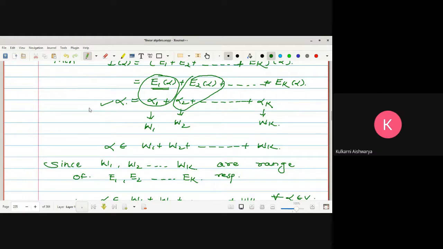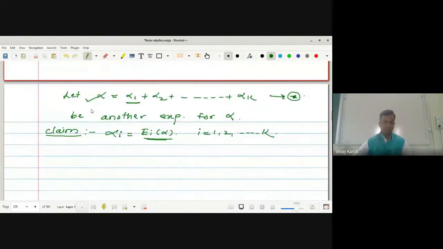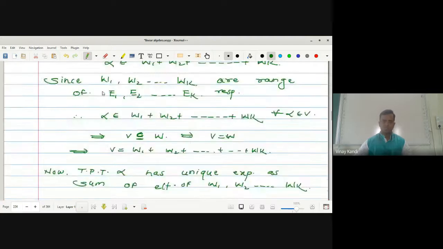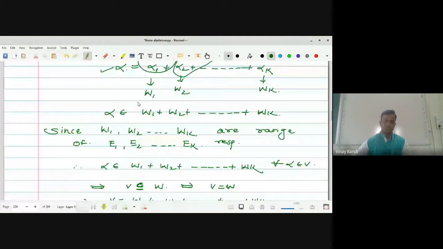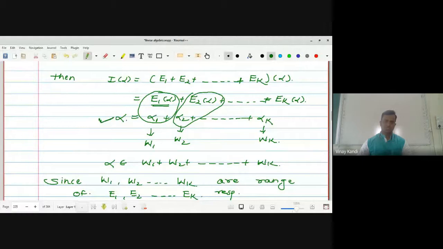Yes, sir. Pay attention again to what I say. Suppose alpha is equal to alpha 1 plus alpha 2 up to so on alpha k with another expression for alpha. And if I prove that alpha I is equal to EI of alpha for I running from 1 to k, then this expression and this expression are identical.